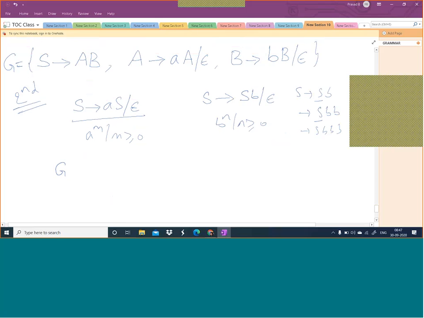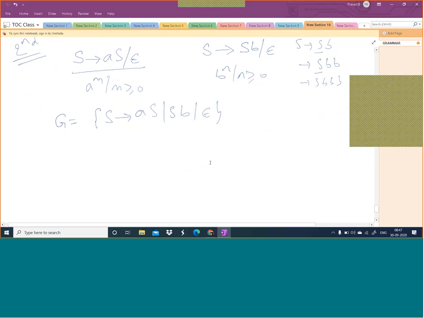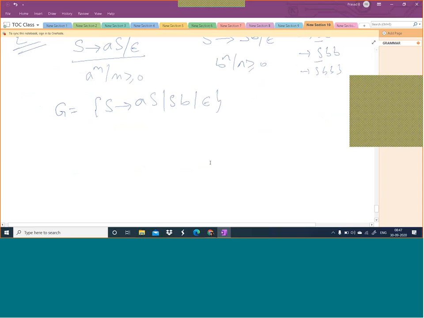Now I will combine these two productions. Means S derives AS and SB and epsilon. However you take these productions, for example, I will go for SB. And in S place, I will go for AS.